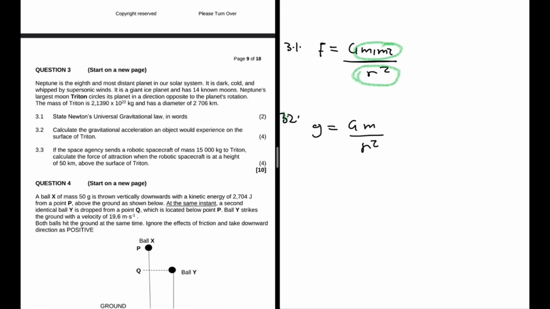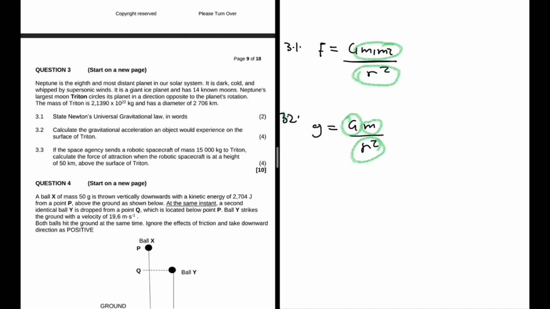This capital letter G is the gravitational constant, the mass is the mass of the object of interest, and r is the radius of that object. In this instance, we're talking about Triton, a moon that is rotating around Neptune.